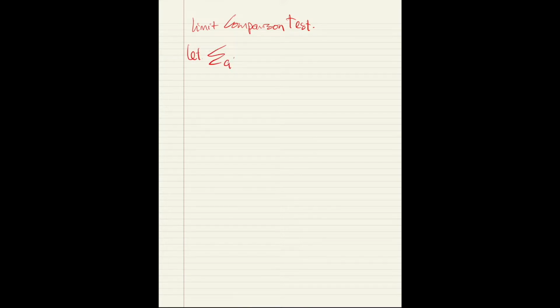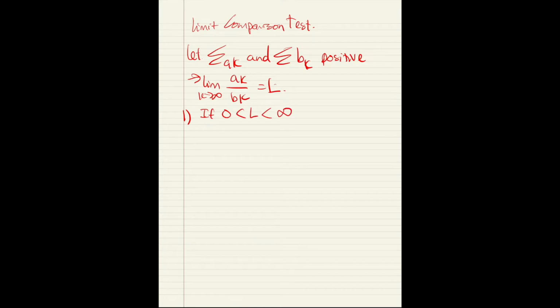Let the series of a of k and the series of b of k be positive, and the limit as k goes to infinity of a of k over b of k equal L. Condition number 1: if 0 is smaller than L and L is smaller than infinity, then both series converge or both diverge, where L is any constant different than 0, higher than 0.